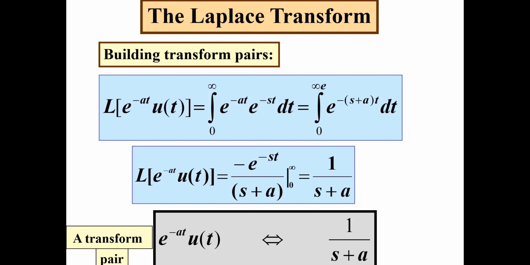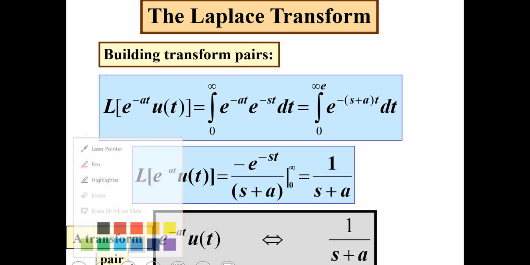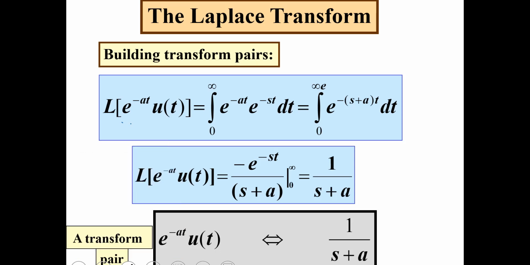So another transform pair. If you take the function e to the power of minus at u(t), just make an integral from 0 to infinity of e to the power of minus at, this is the function, times e to the power of minus st dt.